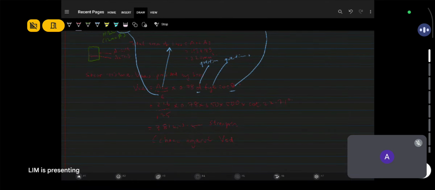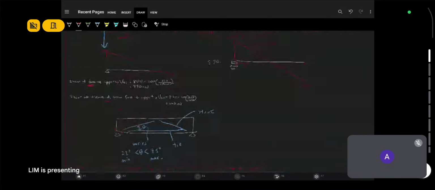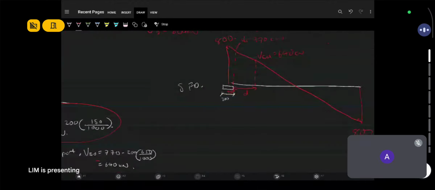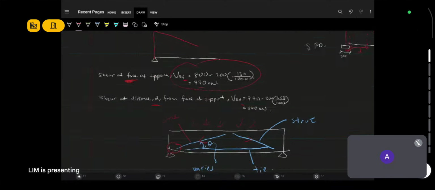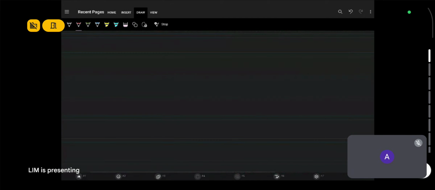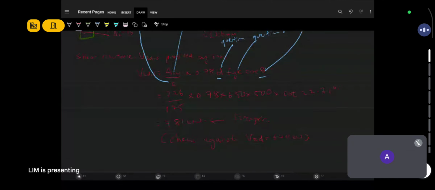VED is the shear force at a distance D from the support. We calculated that earlier: 640.